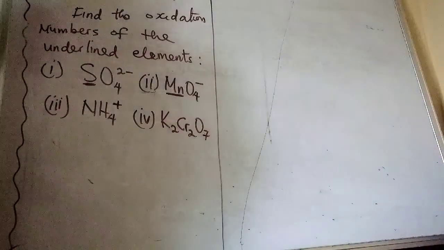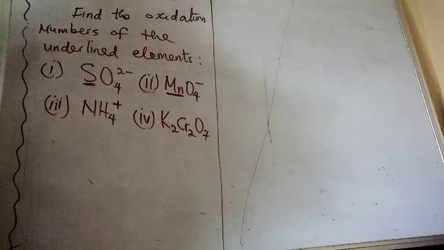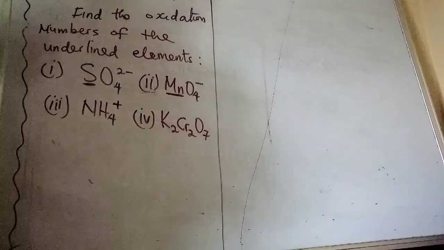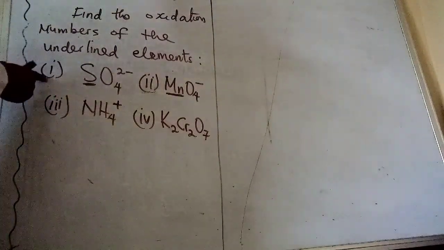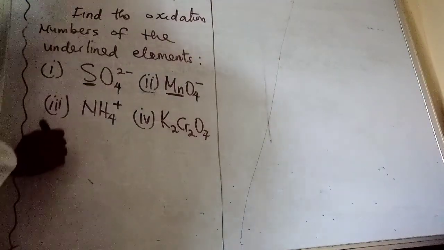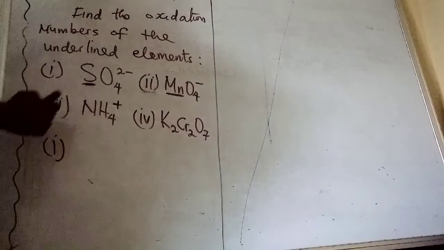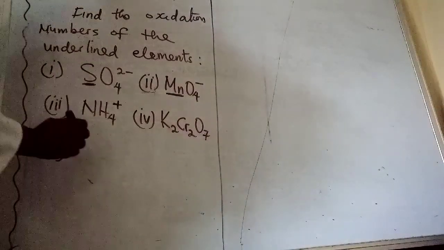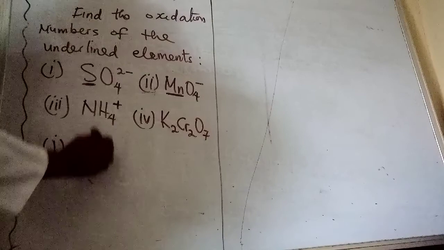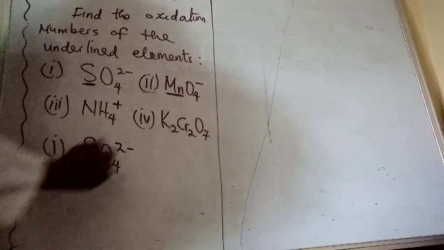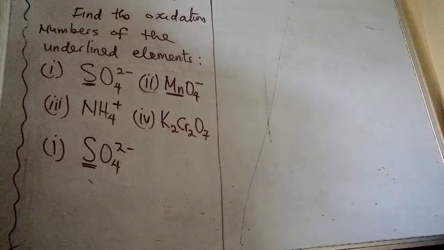These are further examples on finding oxidation numbers. The first question is asking for the oxidation number of sulfur in SO4 2-. We are looking for the oxidation number of this.